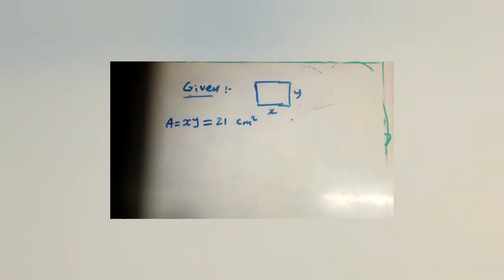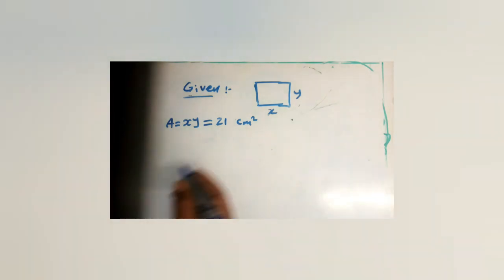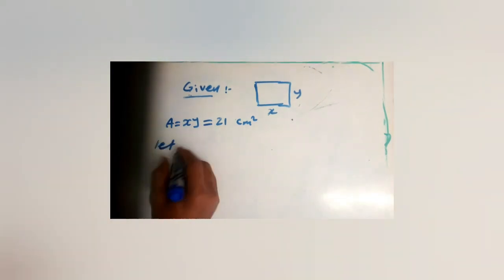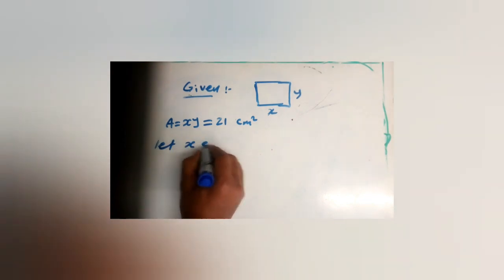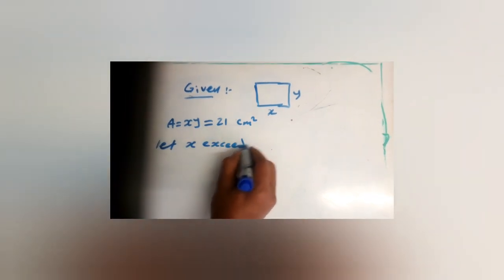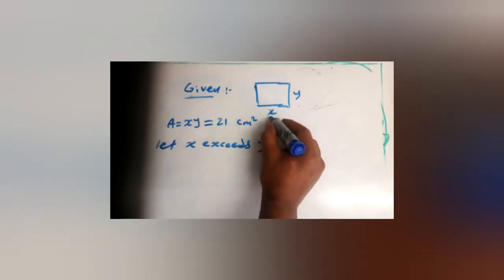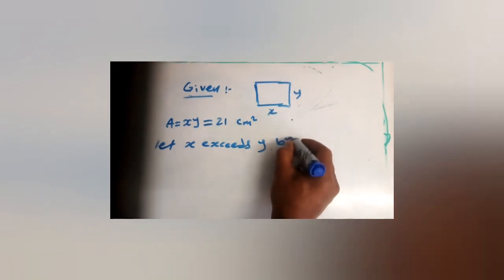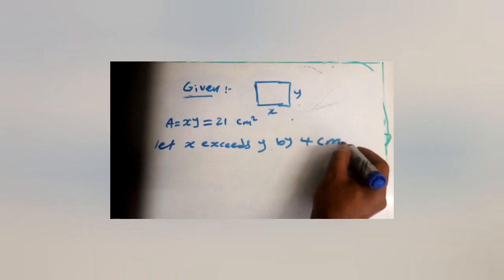The other thing we are given is that one side exceeds the other by 4 centimeter. Let's assume that x exceeds y by 4 centimeter.